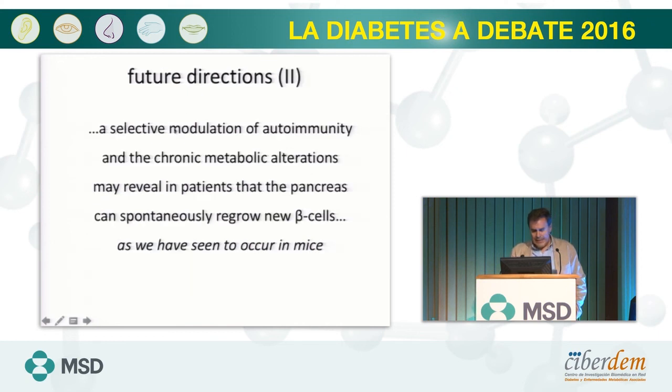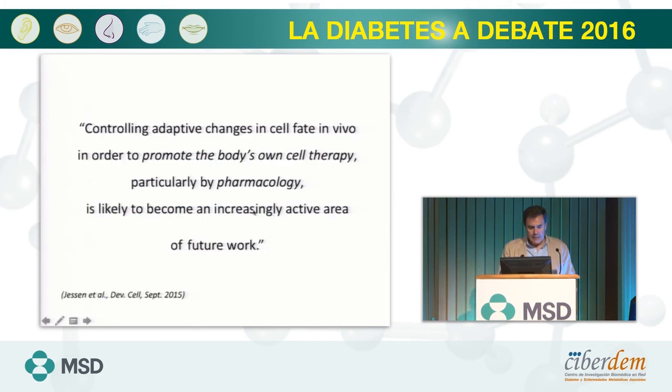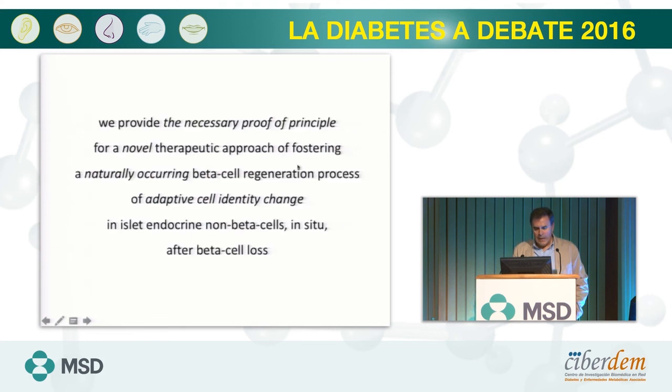So I believe that the selective modulation of autoimmunity, the control or modulation of these chronic metabolic alterations, may reveal in patients that the pancreas can in fact regrow new beta cells, as we have seen to occur in mice. And I believe, like this author in this review wrote at the end, that this approach, the capacity of controlling adaptive changes in cell fate in vivo, in order to promote the body's own cell therapy by pharmacology, is an area of increasing work in the future.